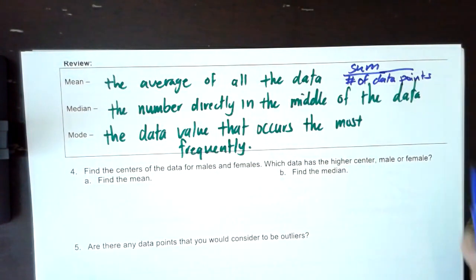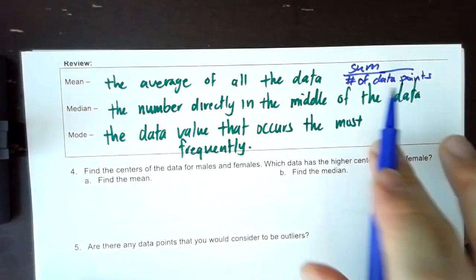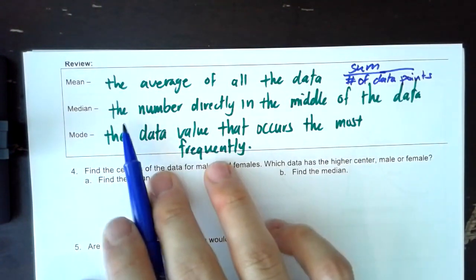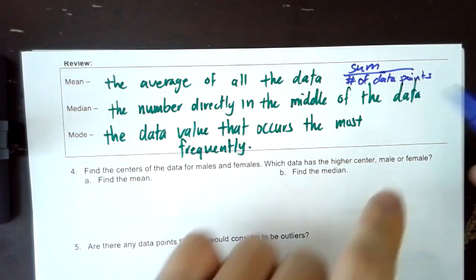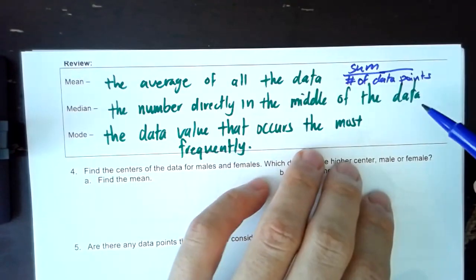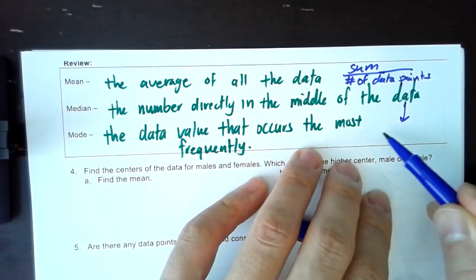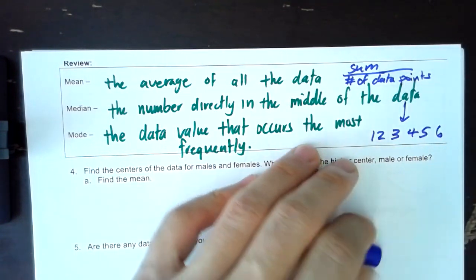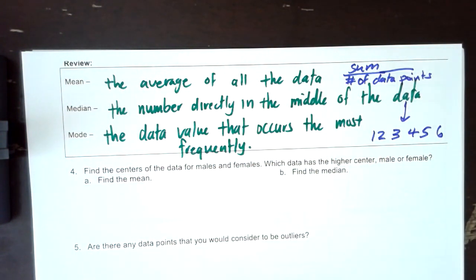You take the total value, which is the sum, and divide by how many numbers there are. The median is the number directly in the middle. But what happens if you have an even amount of numbers? For example, what happens if you have 1, 2, 3, 4, 5, and 6? Do we see how there is no number directly in the middle?